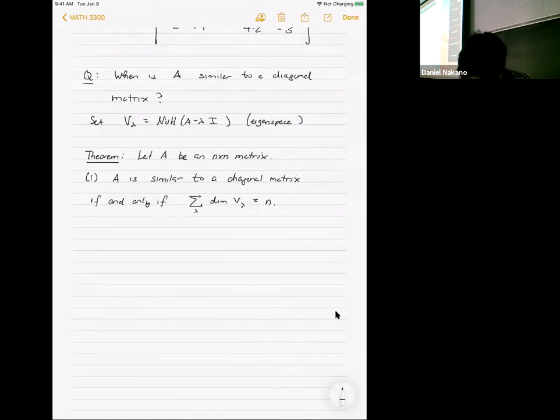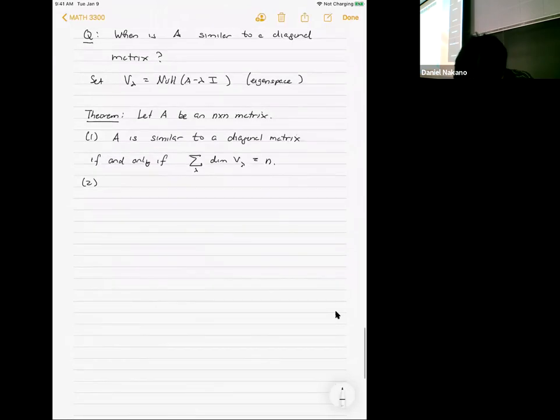Now two. It turns out that this is also the same.